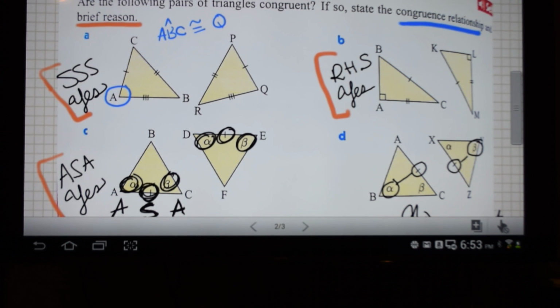And then angle C corresponds to what? What's between the 1 and the 2? So between the 1 and the 2 is P. Oops, I just messed that up. I was going in the wrong order. Sorry about that.